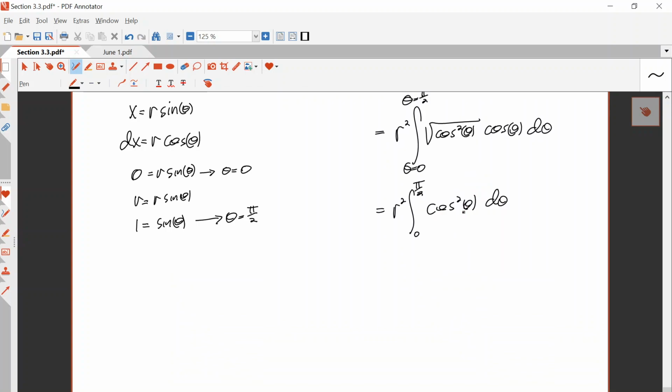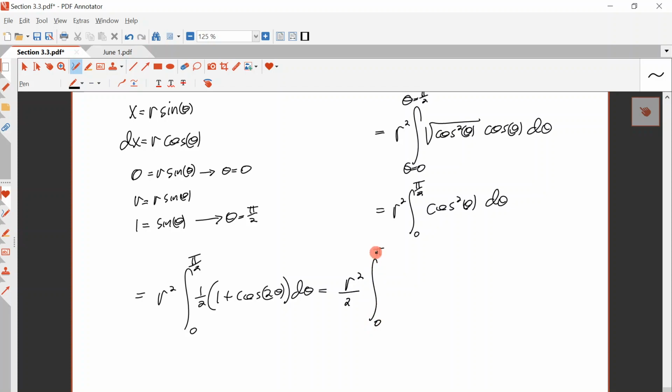Even power of cosine, so we use that double angle formula. Right, 1/2 times 1 plus cosine 2 theta d theta. Okay, so bring the 1/2 out front.